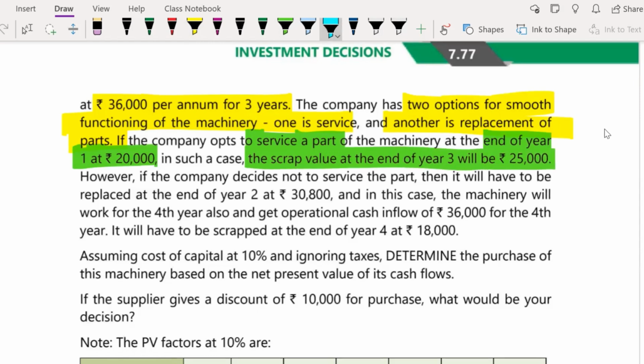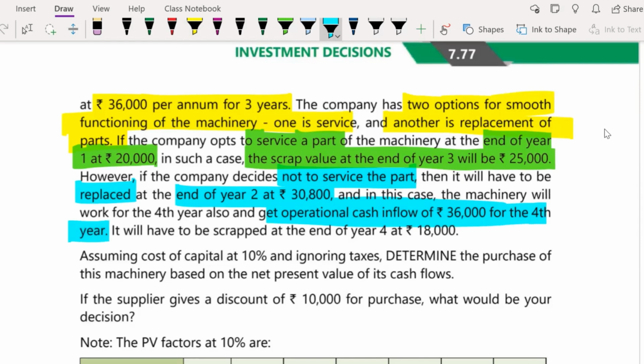If the company decides not to service the part and get it replaced instead, at year end 2 it will have a cash outflow of 30,800 for replacement.